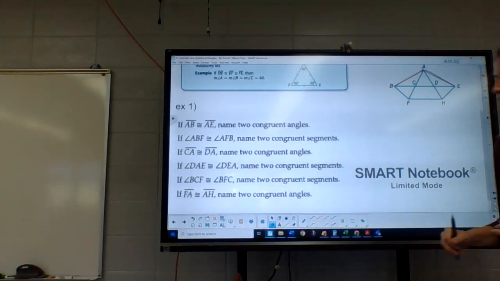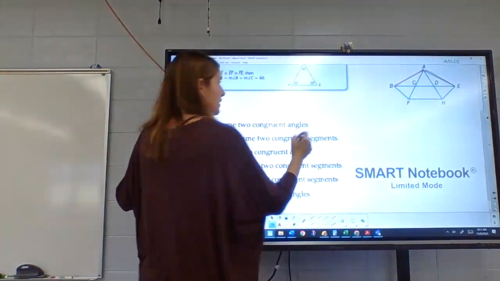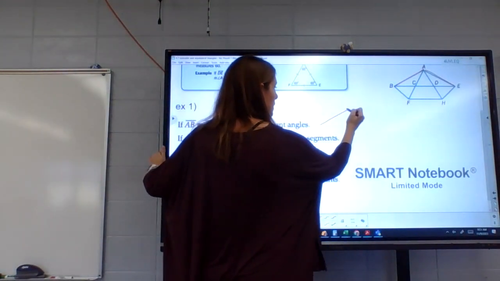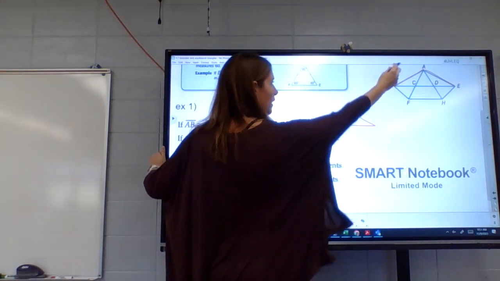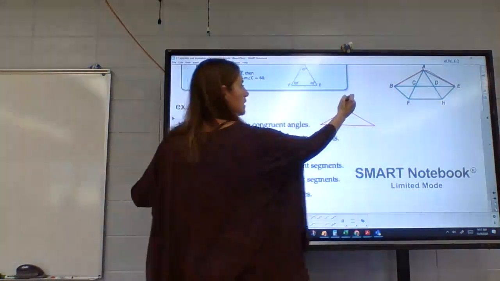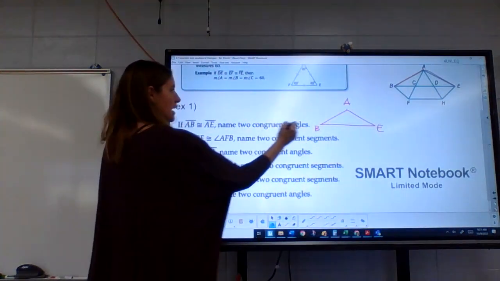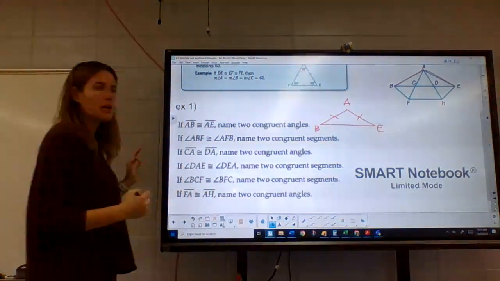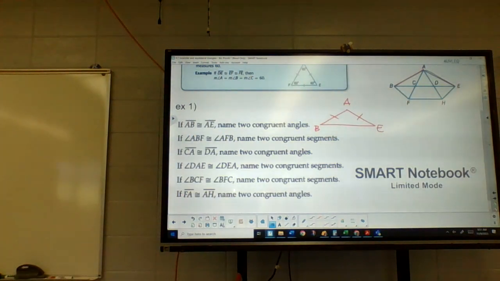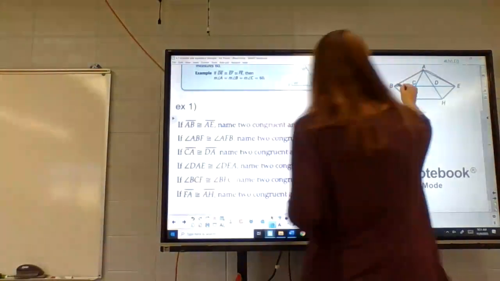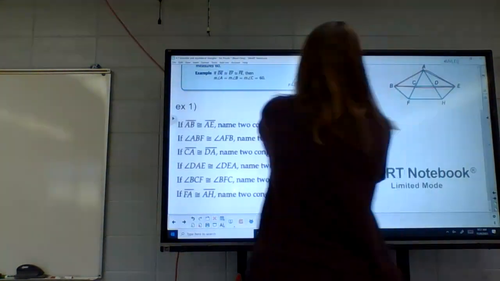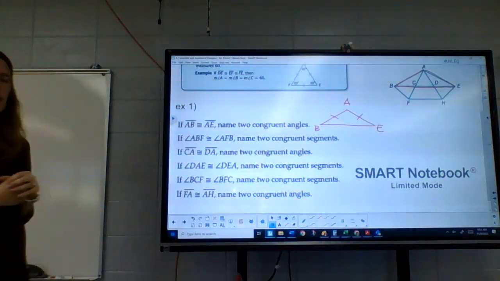If AB equals AE, the triangle that's formed is this flat triangle up on the top, right? They're asking where my congruent angles are, so I'm taking this off of there so you can see what we're talking about.